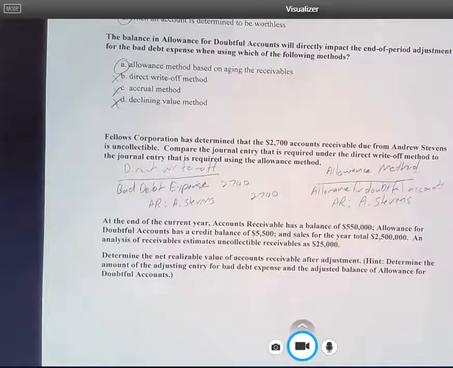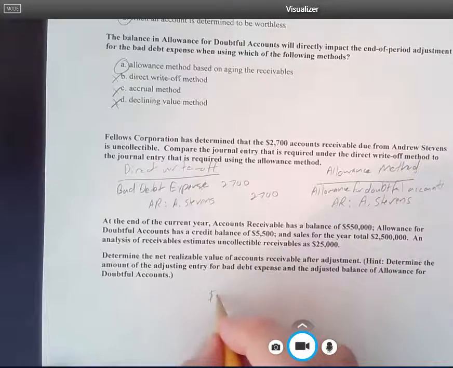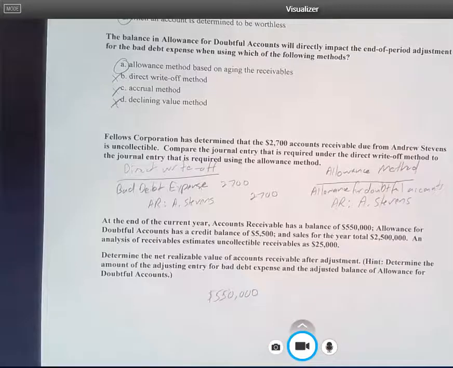I think that is a complete and total waste of time. That's not how I would do this. There's a lot of information here, and you don't need very much of it. But what I do want you to focus on are two numbers right here. Our accounts receivable has a balance of $550,000. However, we have estimated that $25,000 of that is not collectible.